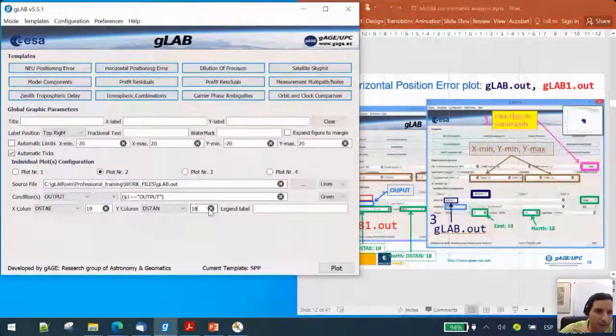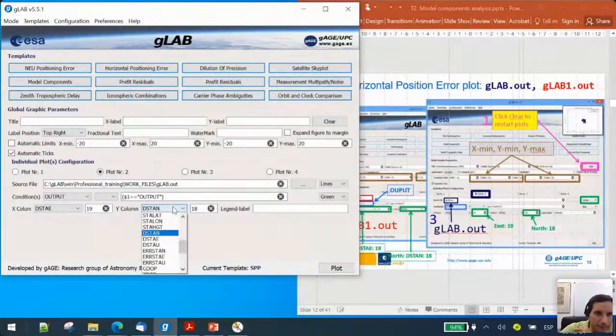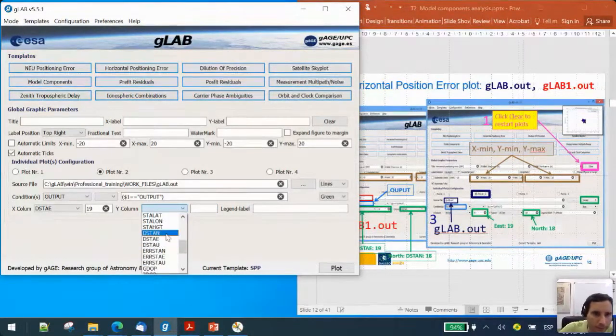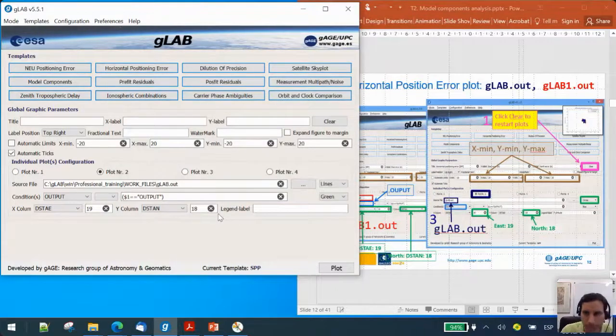This is just the 18th field. If you count them, you will see that whenever I go here, the north, this is the 18th column, but if I write a number, it will match the column that we are plotting. Okay, this is the glab.out.